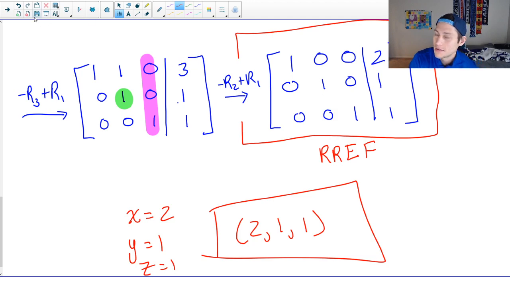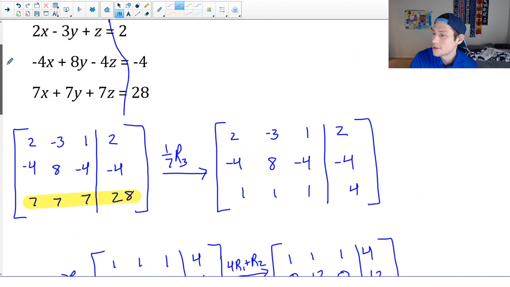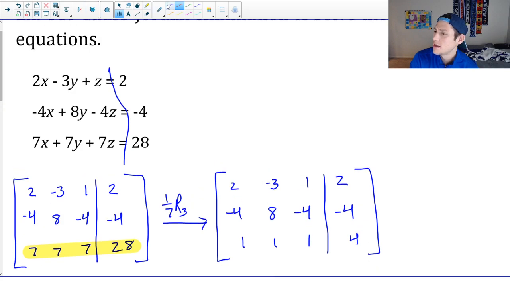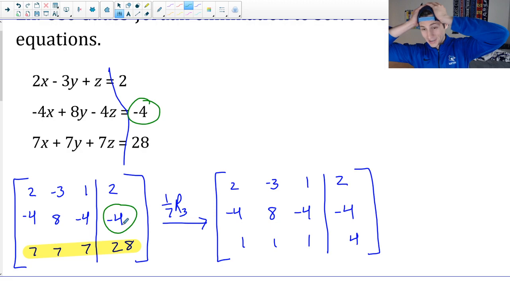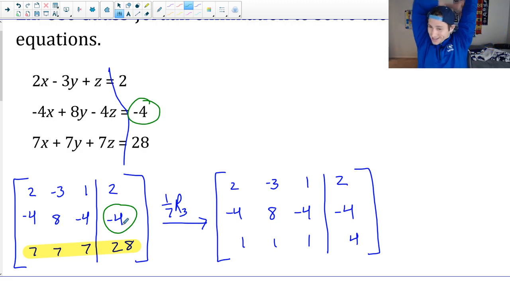And now, Matthew, imagine that you did that full sheet of work on your scratch paper, and then actually you looked back and realized that this was supposed to be a -4, but you accidentally put like a +4 here or something dumb like that. And all your work that you just did was completely useless.